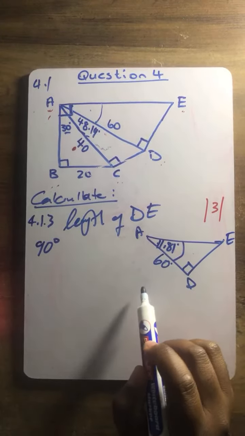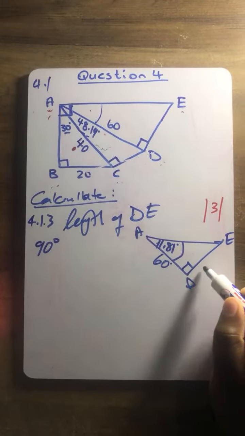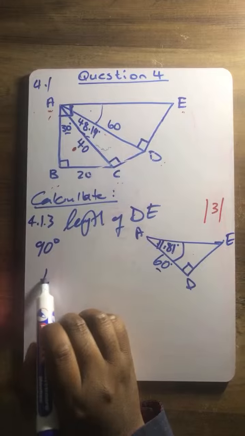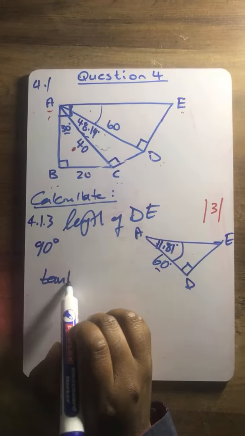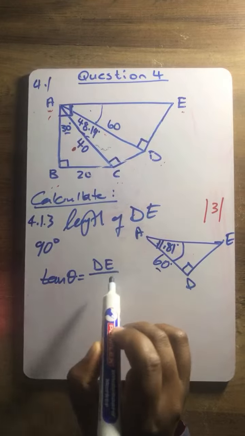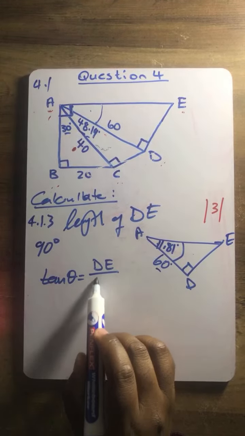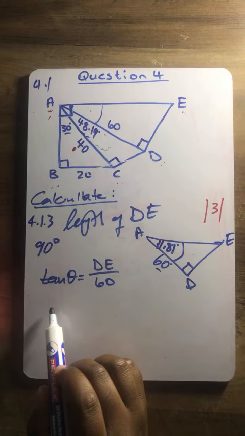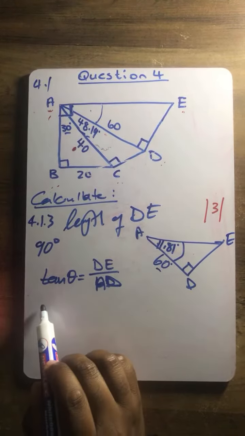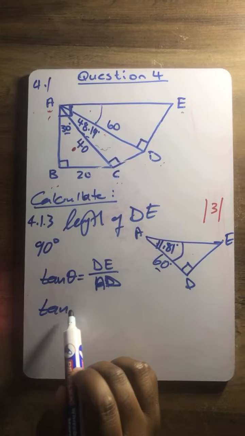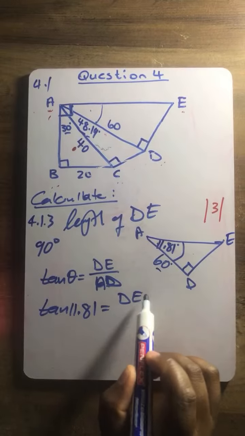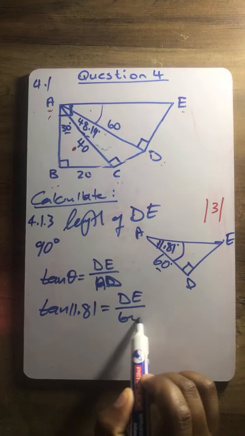So now let us see. DE is actually the opposite, and this is now the adjacent, so the trig ratio will be opposite, DE, over adjacent, 60, which is AD. So tan 11.81 equals DE, which we are looking for, over 60.